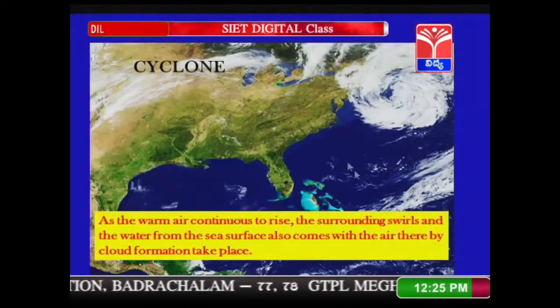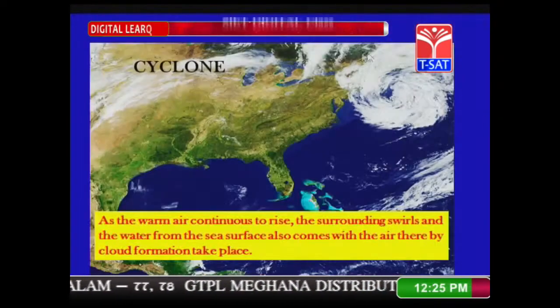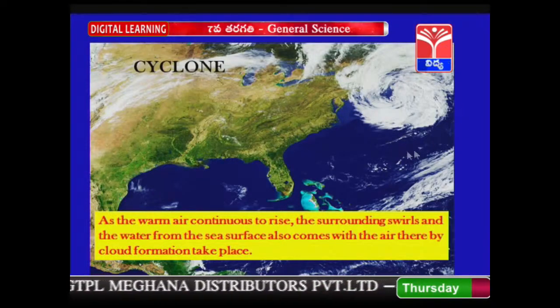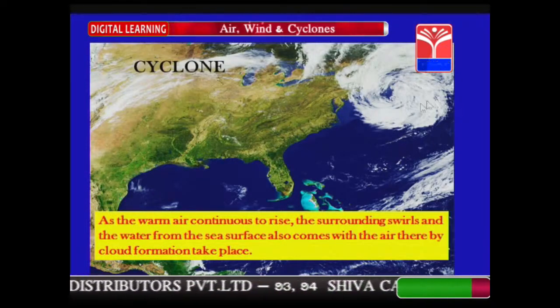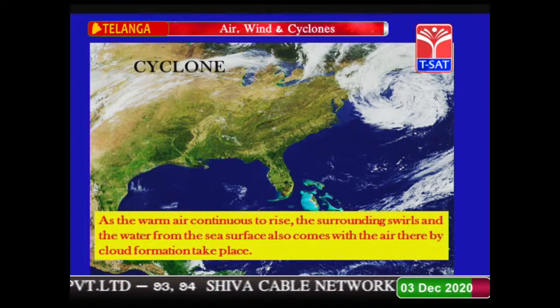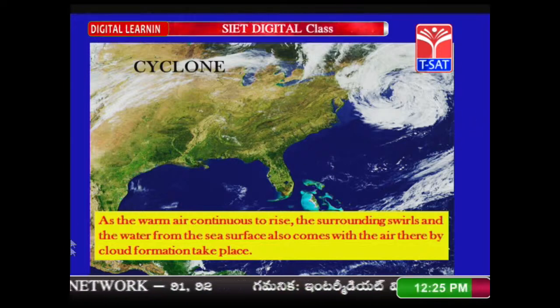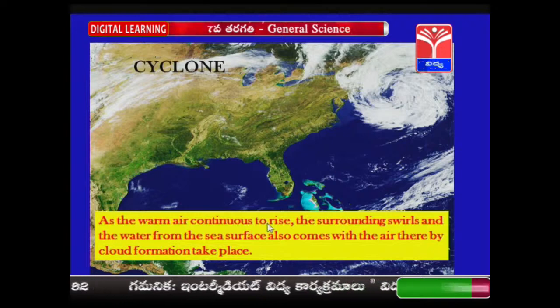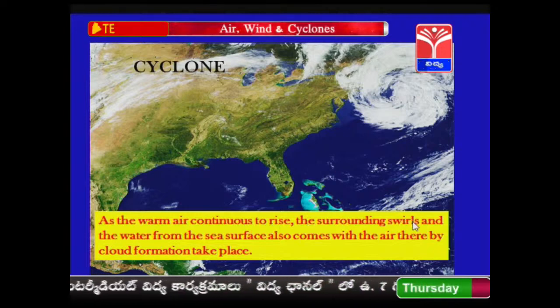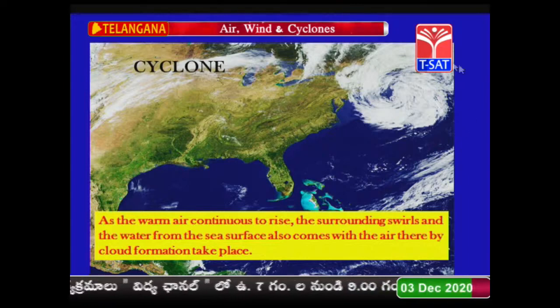Children, look at the picture and try to recall, have you at any time observed such a picture? You can see here the cyclone is concentrated at the coastal area. This is the satellite picture and these are the coastal areas where you can observe such types of cyclones in the oceans. As the warm air continuously rises, the surrounding air swirls.